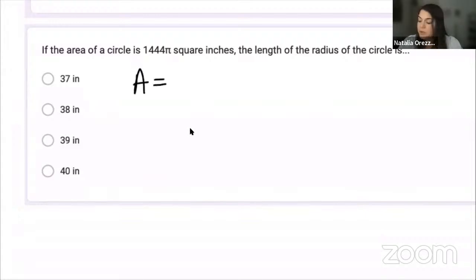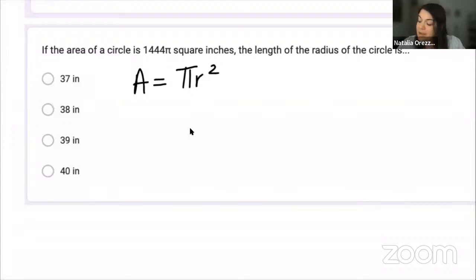The area of a circle is pi r squared. Pi is 3.14. R is the radius, and r squared just means we multiply the radius by itself twice. So radius times radius, okay?